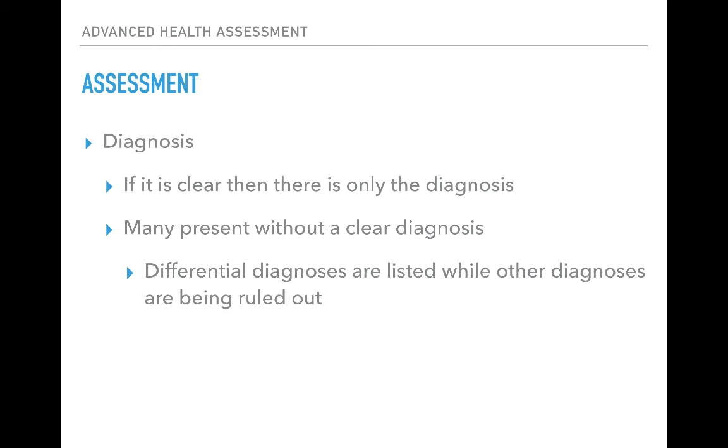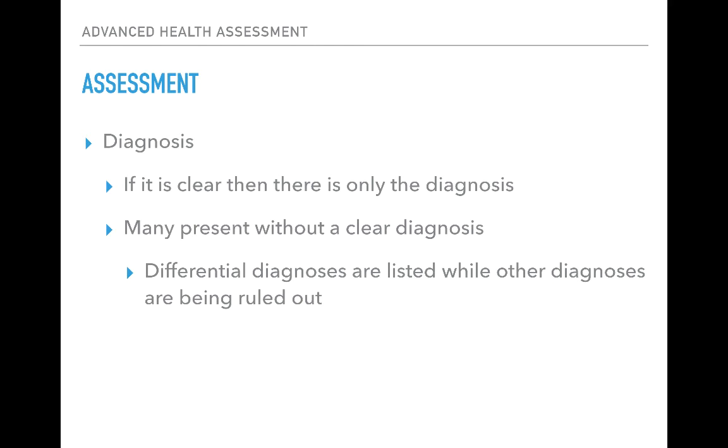If it is clear that there is only one diagnosis, strep throat, for example, because you have a positive strep test, then you would make that one diagnosis. However, there are many cases when a patient comes in and you are not sure exactly what the diagnosis is, or it isn't clear yet and you have tests pending.